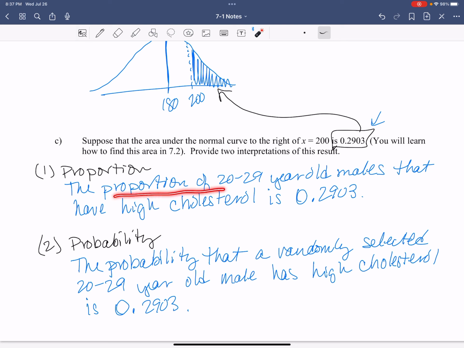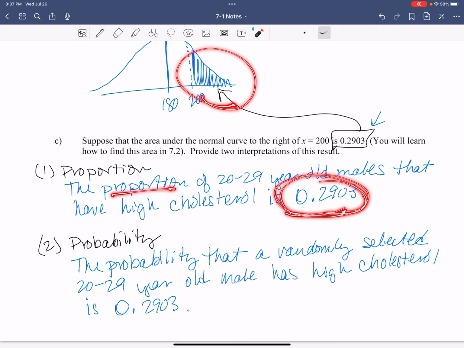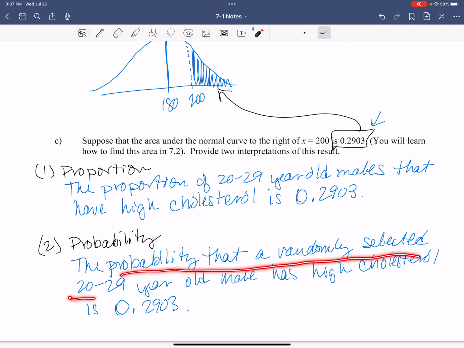So the proportion of 20 to 29-year-old males that have high cholesterol is this. That's the part, that's the proportion, that's the piece of them that has it. All right, so that's another way to say the proportion. The piece is this. So the area under the curve is the same as that chunk, right? That piece of them. That's the proportion. The probability that a randomly selected male has high cholesterol is this number.